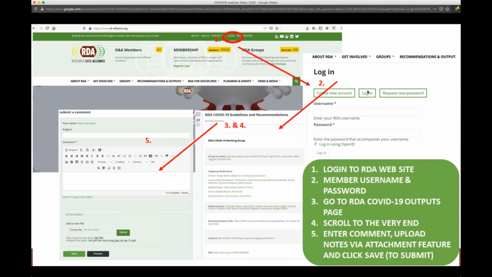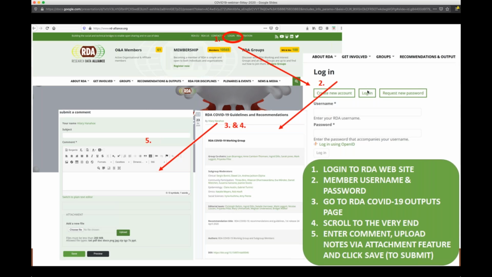To provide feedback using the request for comments context on the RDA website, you need to log in, which is available at the top of the RDA website when you go to any of the pages on the site. Once you log in, you can go to the COVID-19 landing page and go to the outputs, and the second release can be found there.